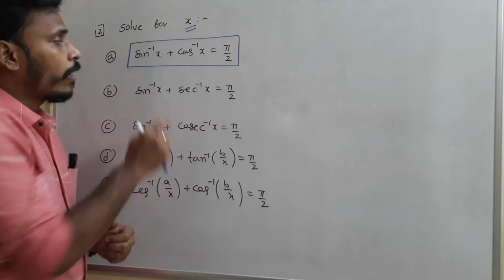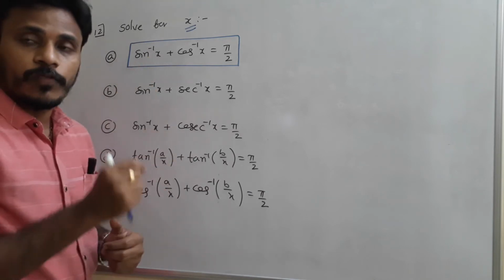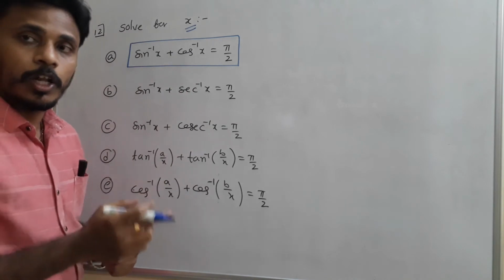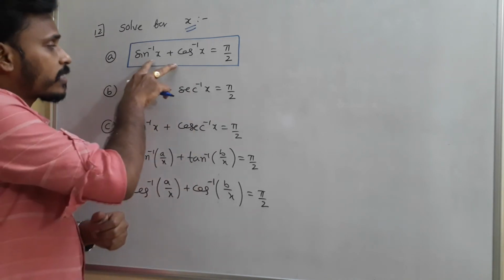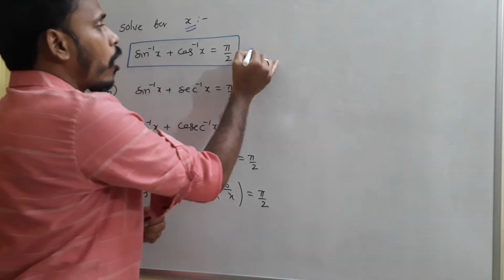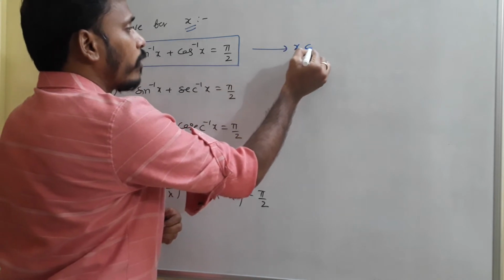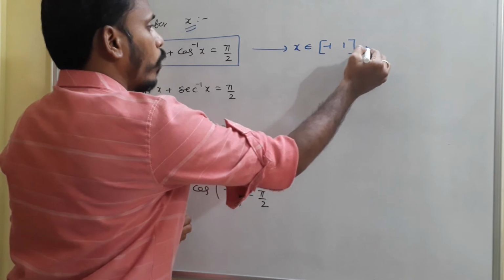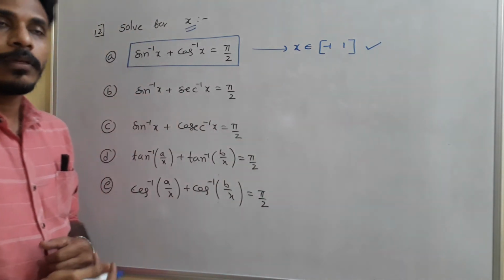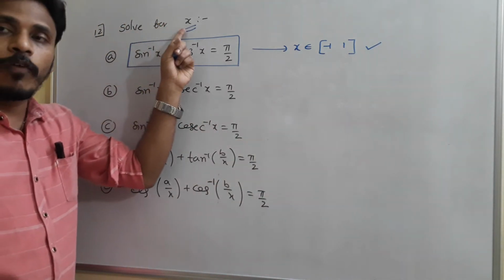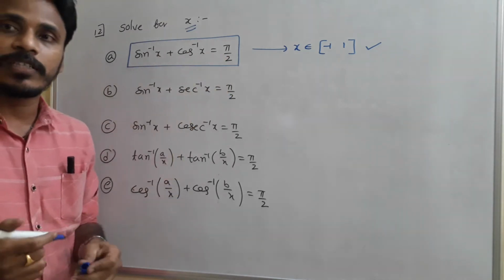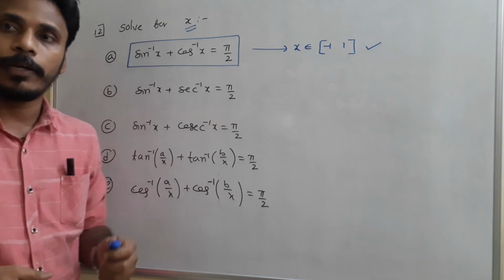We know the domain of sin inverse x is from -1 to 1, whereas the domain of cos inverse x is also from -1 to 1. The summation and this rule are acceptable only for x belonging to the closed interval -1 to 1. There ends the problem. The question is to find the value of x, and the given statement is sin inverse x plus cos inverse x is equal to pi by 2.